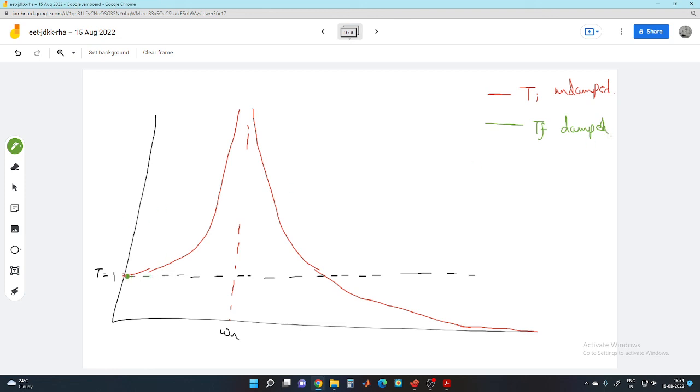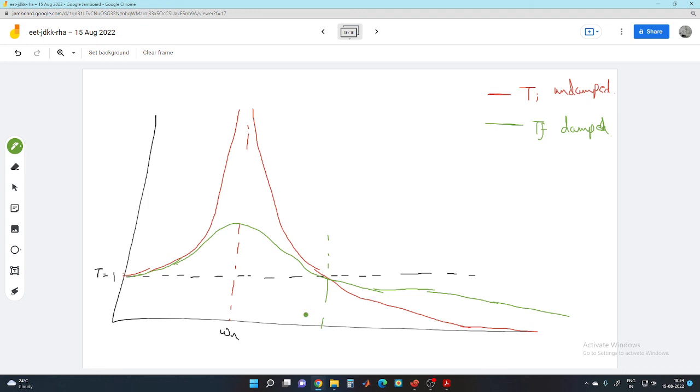So we saw in a stiffness dominated region, it shows a minor improvement. It shows an excellent improvement here, but it actually shows a negative improvement in this region.